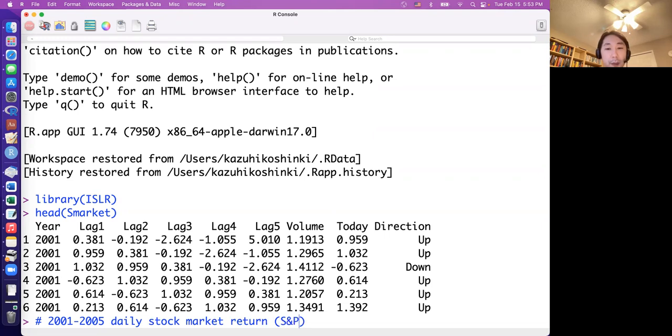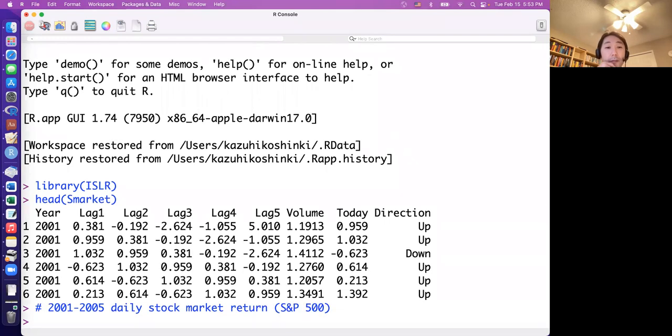So we use the S&P 500. One interesting finding by economists is that the stock market return itself is unpredictable, but the direction of return, up or down, can be predicted more than 50%, like 55, 60%. So that's a surprising fact. But that does not mean we can make money.